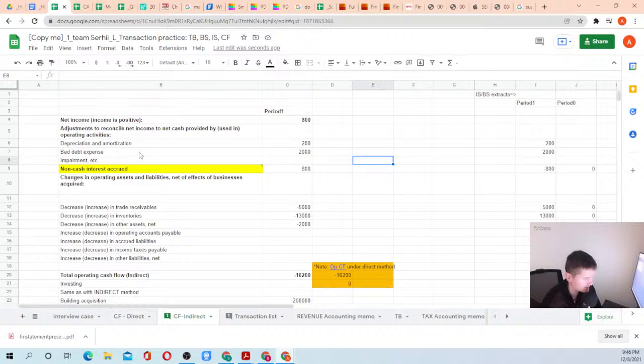We do not expect the customer to pay it, so accounts receivable become uncollectible, and we have to somehow discount it or write it off, and we usually do that through bad debt expense and through allowance for accounts receivable.